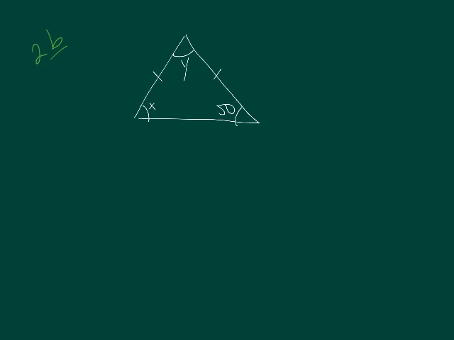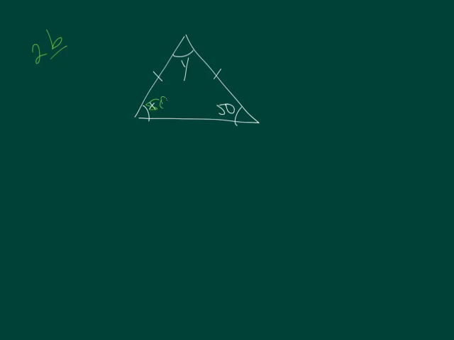And that's all the information they're giving you. Well, one of the nice things about these, which are called isosceles triangles, if you remember, is that two of the sides are the same. If two of the sides are the same, then these two angles also have to be the same. So that's just a little bit of a hint there. So if this is 50, then I know this has to be 50.